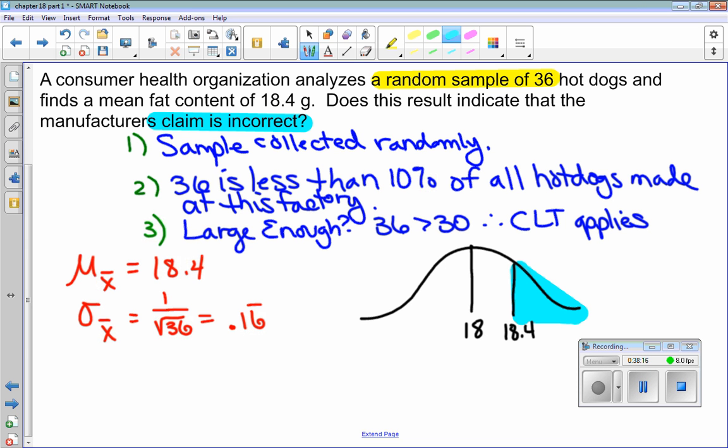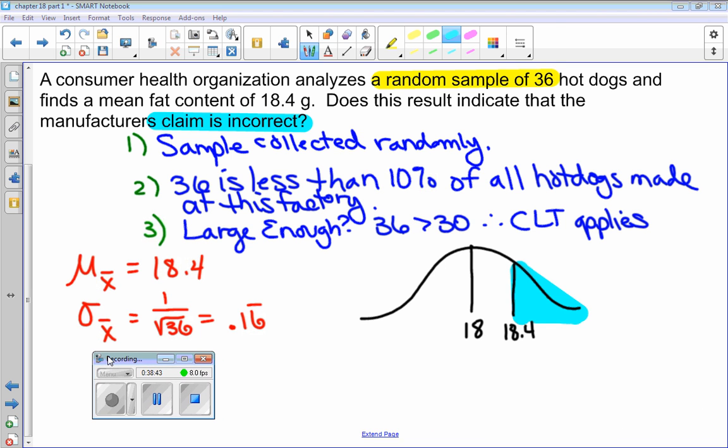If that probability is really, really small, is that a good thing? Yeah, it actually is. We want that to be a very small likelihood, because if it's a very small likelihood, that means that 18.4 is probably not that unusual. Okay? So let's find this probability first.